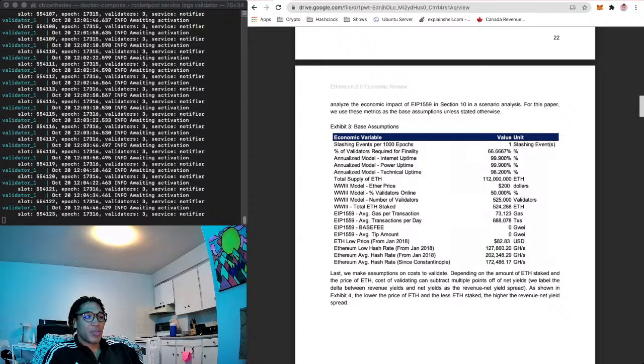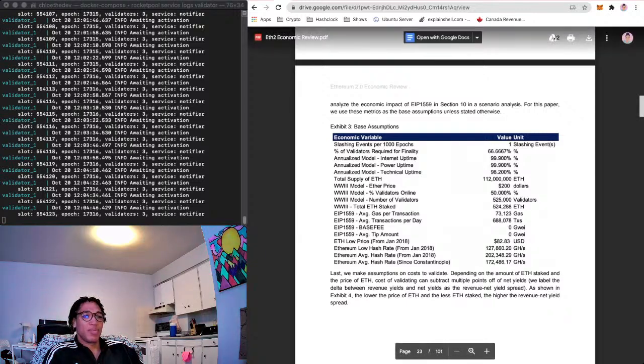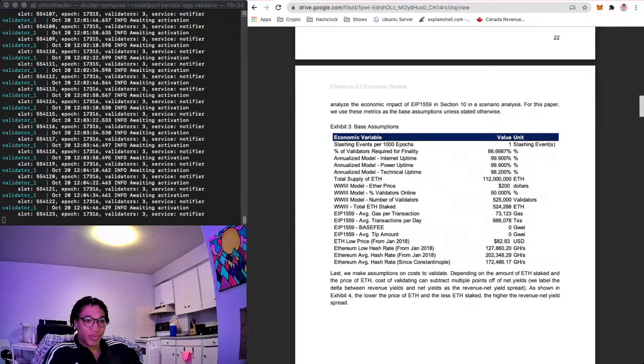Economic variable, slashing event per 1,000 epoch: 1. Percent of validators required for finality: 66 point, whatever. Annualized model internet uptime. We're assuming people can have 99.9% internet uptime, 99.9% power uptime.